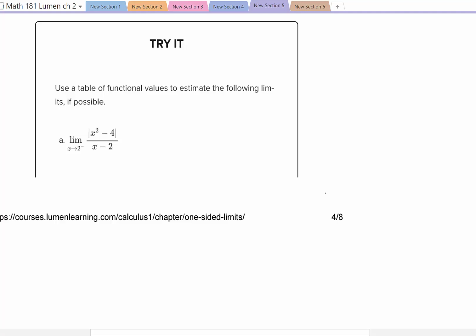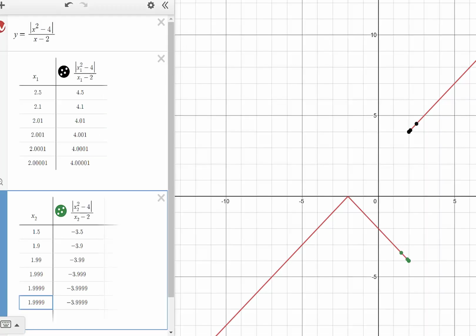Now we saw this earlier with this problem here. If we're looking at it from the left side, we're looking at this part over here as it approaches 2 from the left side. And this one has a limit of, as we saw earlier, -4.